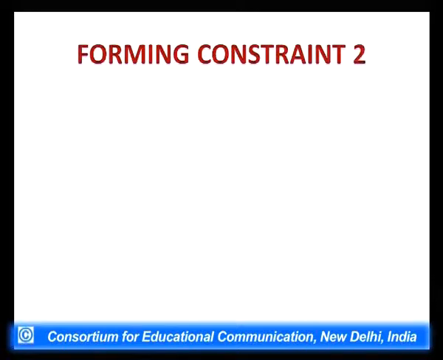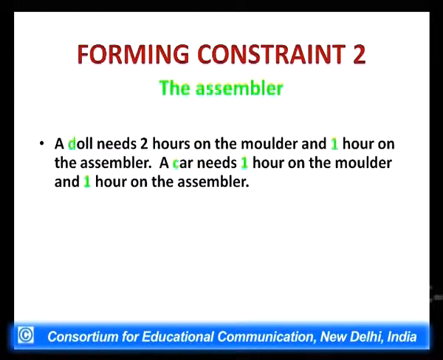And the next constraint, constraint number 2. This is for the second machine which is called assembler. A doll needs 2 hours on the molder, 1 hour on the assembler. A car needs 1 hour on the molder and 1 hour on the assembler. And if we see the statement carefully, both the items require 1 hour on the assembler each.